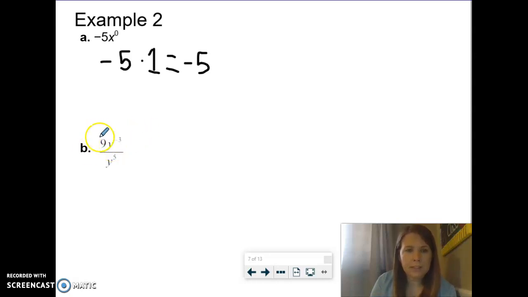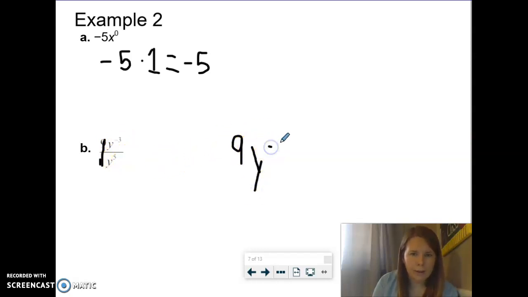In this case, this 9 can stay out because this 9 isn't really being divided by anything. It's really saying 9 divided by 1, which is 9. So I just use my same rules of y to the negative 3rd divided by y to the 5th. So I'm going to subtract my exponents. I'd have negative 3 minus 5, which gives me y to the negative 8.